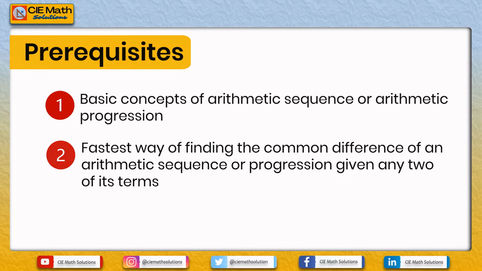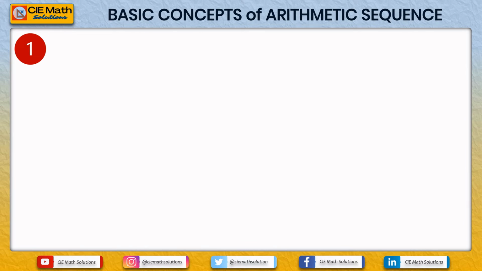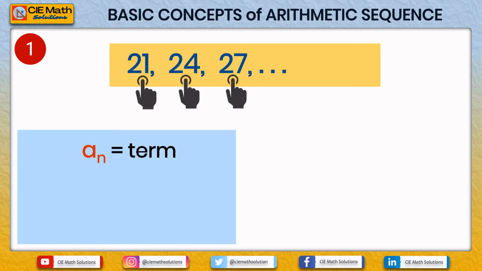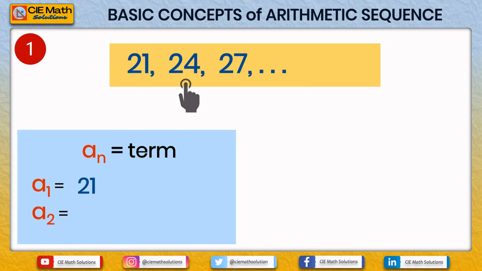For the first prerequisite concept, the basic concepts of arithmetic sequence. Given an arithmetic sequence with terms 21, 24, and 27, the terms are denoted by A_n. In this arithmetic sequence, the first term or A1 is 21, the second term or A2 is 24, the third term or A3 is 27.